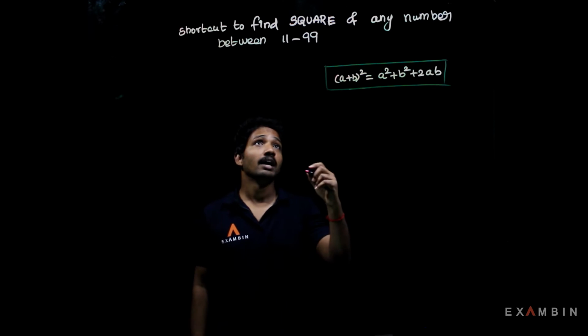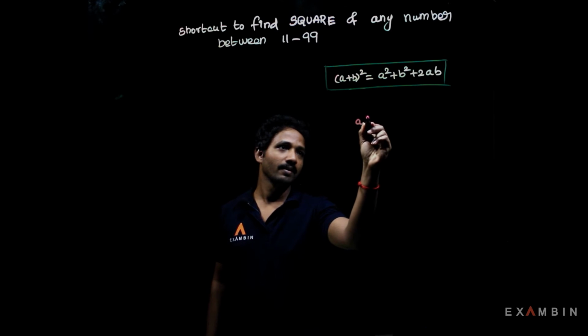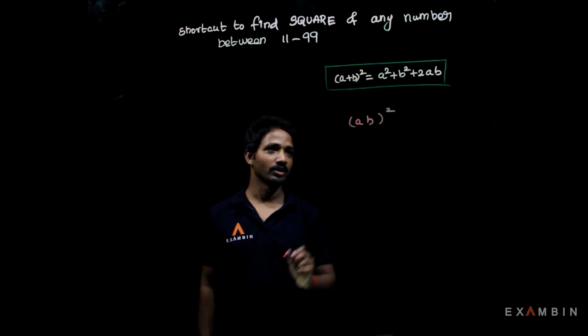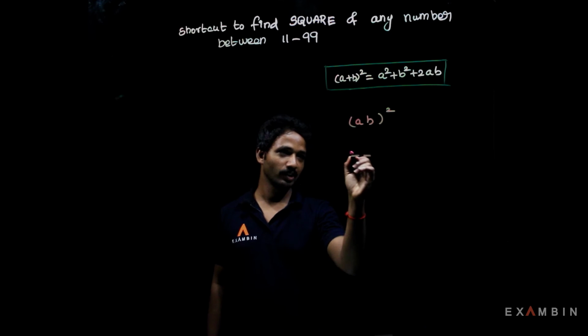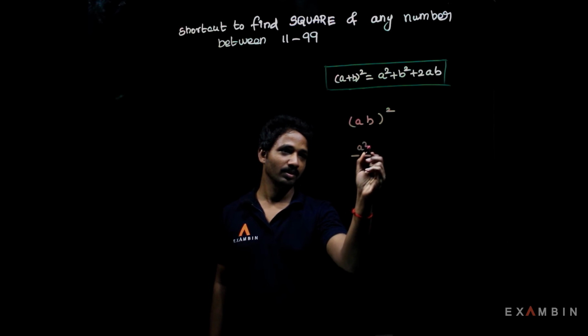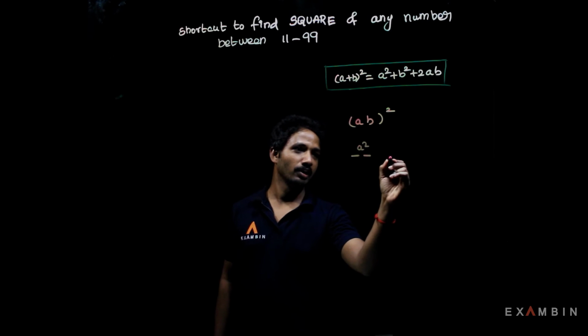For calculating the square of any number, that is ab square, you need to write a squared value here, and please note that you need to write it as a 2-digit number, and b squared value here.